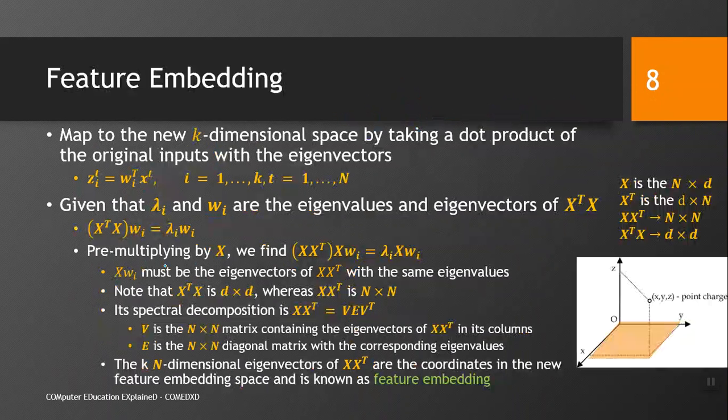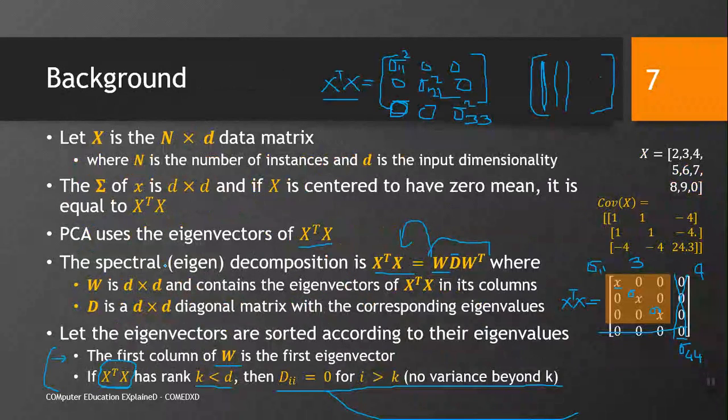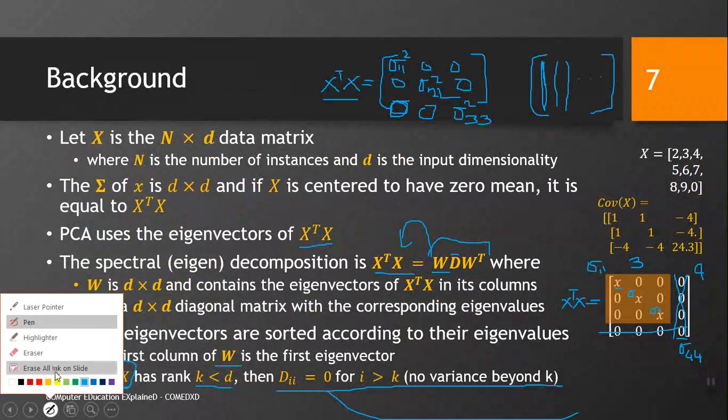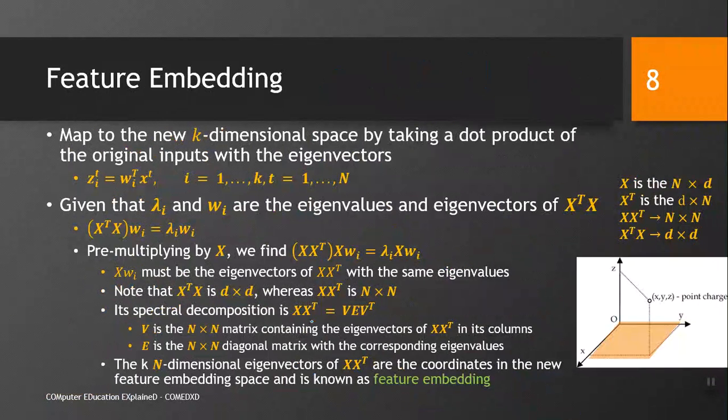Previously we have seen in this slide that E represents the eigenvalues. So here we have seen that the spectral decomposition is represented as this. Again, look at how we have changed from this to this.